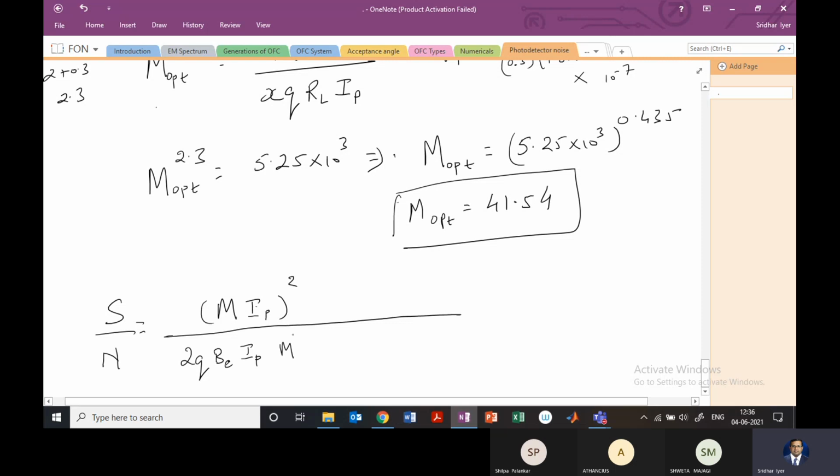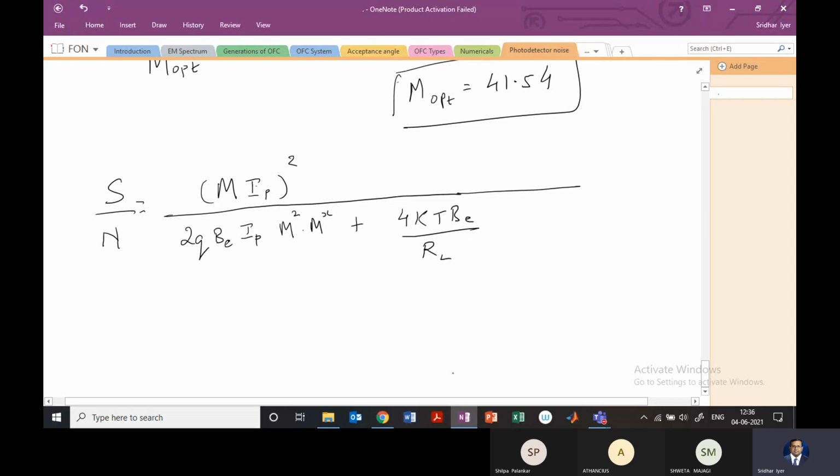You had an excess factor of M square into M raised to X, plus the thermal noise, which is independent of the current, therefore it is just going to be 4KTBE divided by RL, right?